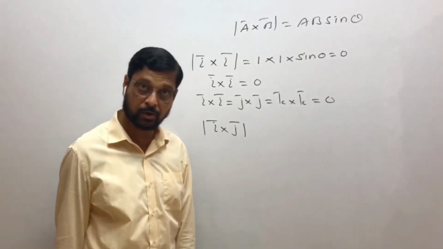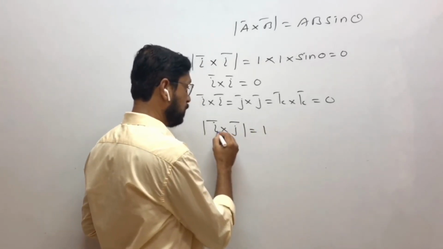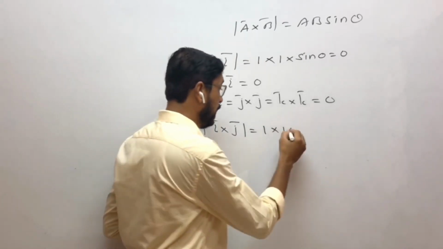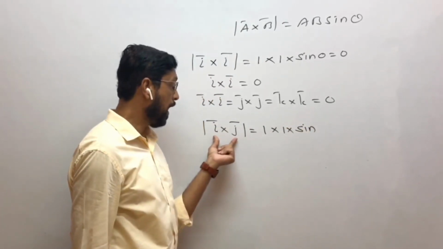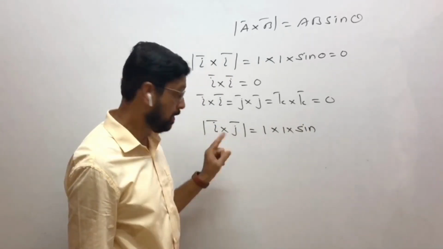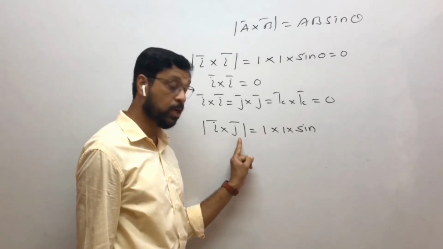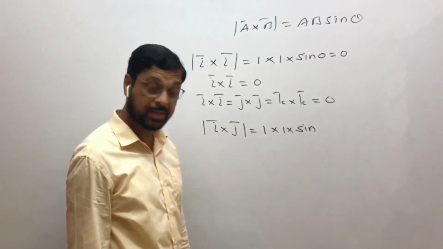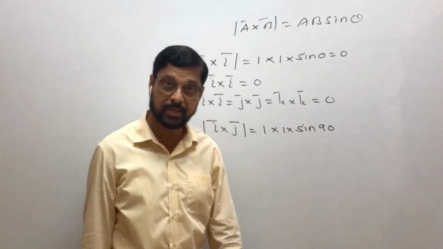Magnitude of I cross J will be equal to magnitude of I, 1, into magnitude of J, 1, into sine of theta. Angle between I and J is how much? 90 degree. This is the unit vector along x-axis. This is the unit vector along y-axis. So the angle between them is 90 degree. So it is sine of 90 degree.